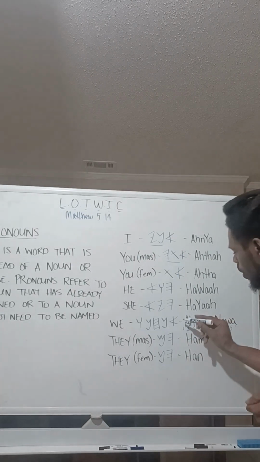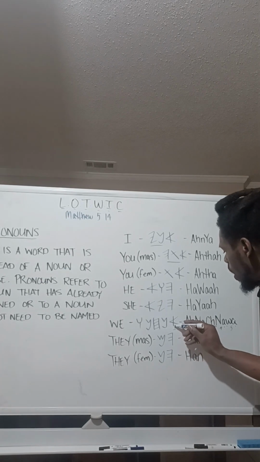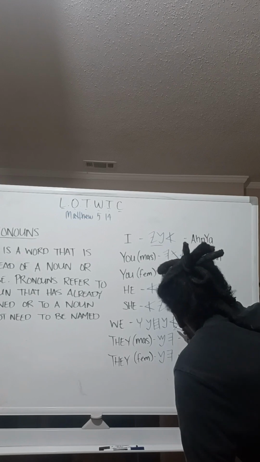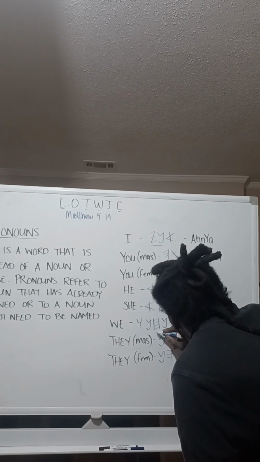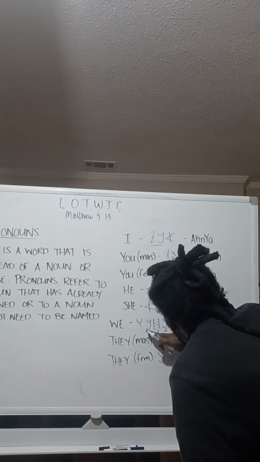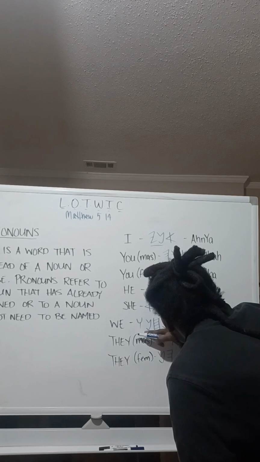So this is the one for the ah. The na is 2, this is 3, this is 4, and this is 5.